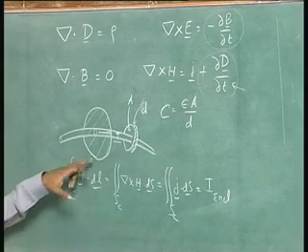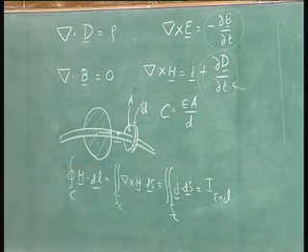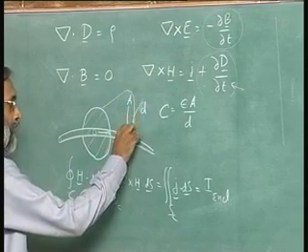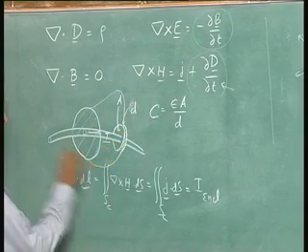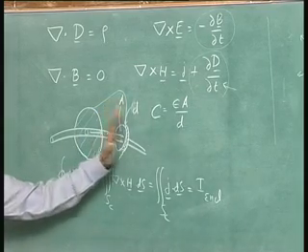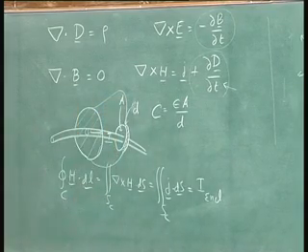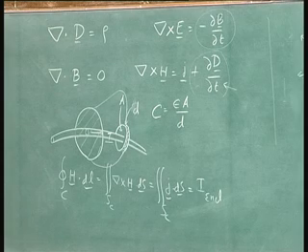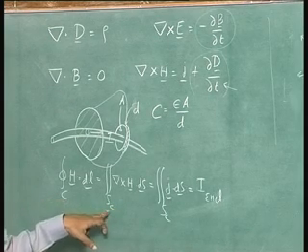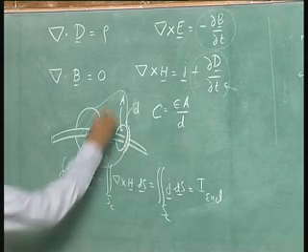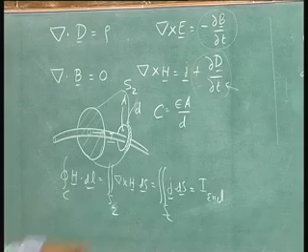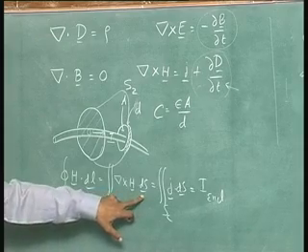But I could take the same loop, I do not move the loop, but I could connect it by a surface that did not cut the wire at all, that sliced through the dielectric. What does that mean? It means that this loop integral is still equal to the surface integral. Let me call this surface S2. So, I will call this S2, curl of H dot ds, that is still true.